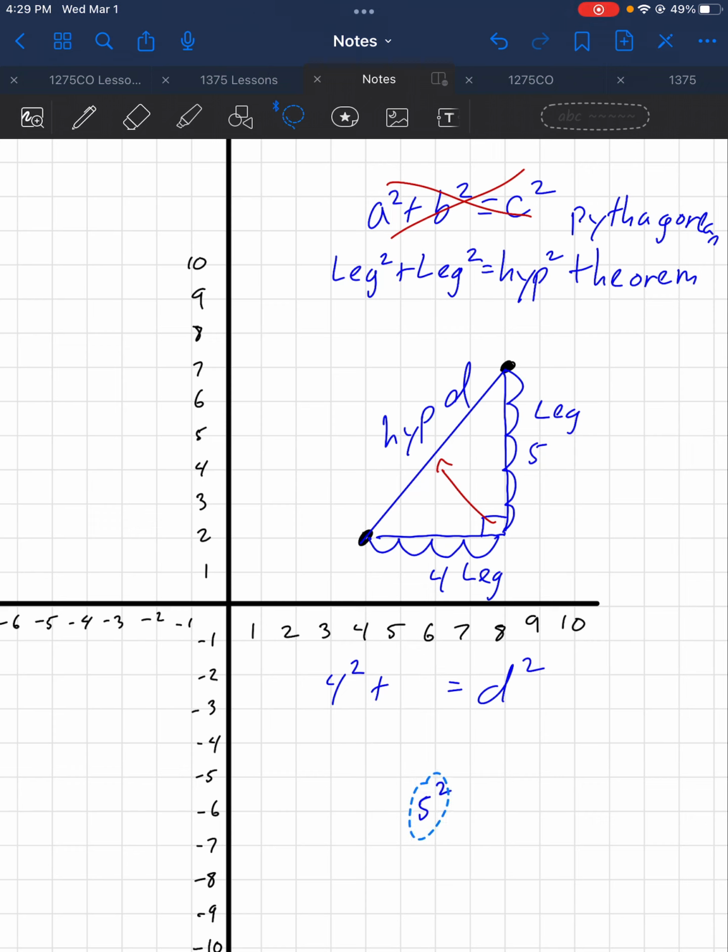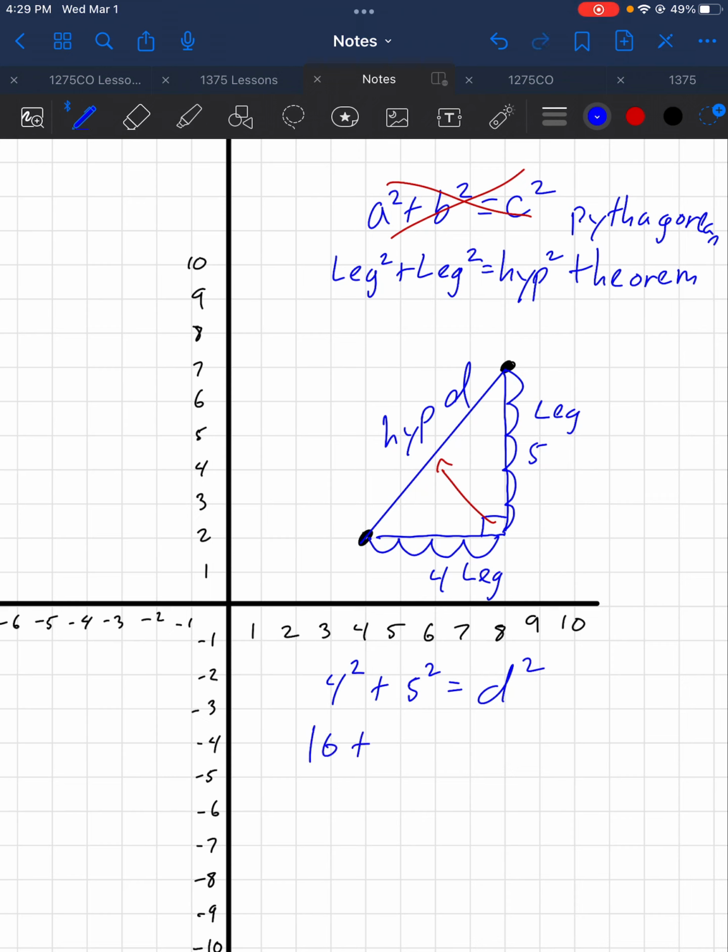But if you, for some reason, put d and 5, let's say, in the wrong place, and you switch them, that would be incorrect. That's, again, why I like this leg squared business, because it doesn't really matter which order you write the legs in. 5 first, 4 first in this case, it's not going to make a difference at the end when you're calculating the distance d.